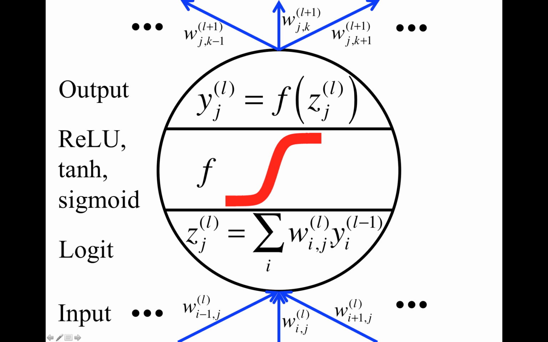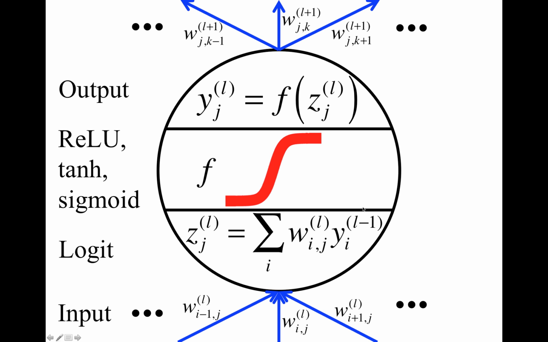The subscript I here denotes the neuron index inside of layer L minus 1. Here I'm using a different index. J is the neuron index in layer L, and for all the neurons inside of layer L minus 1, I'm using the index I.